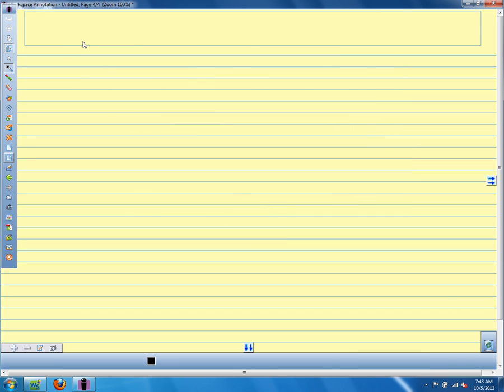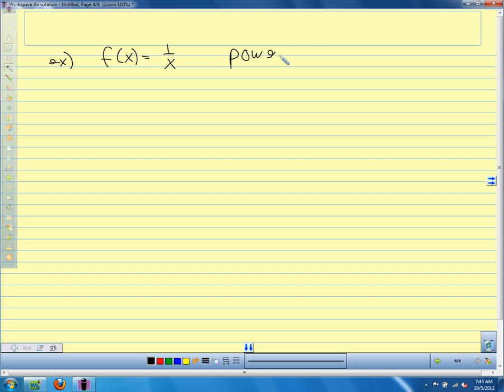I want to find a power series for f of x equals 1 over x, and we want a power series centered at 1.